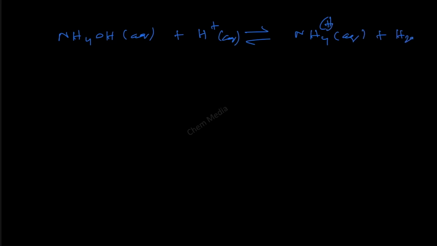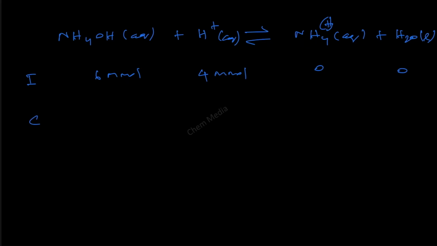Let's write the acid-base equation. We have ammonium hydroxide, which is our weak base, and H plus, the strong acid, and we are getting the salt of the weak base, that is NH4 plus, and water. Initially we have 6 millimoles of ammonium hydroxide and 4 millimoles of H plus.